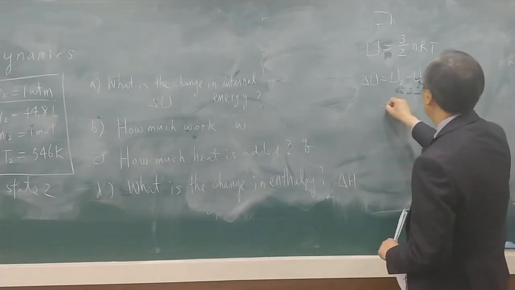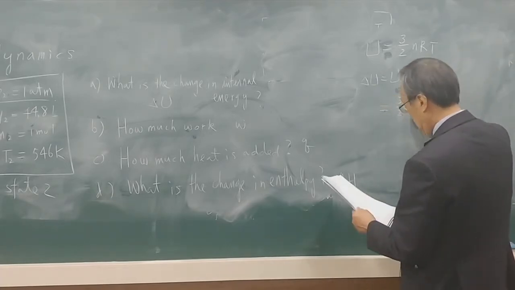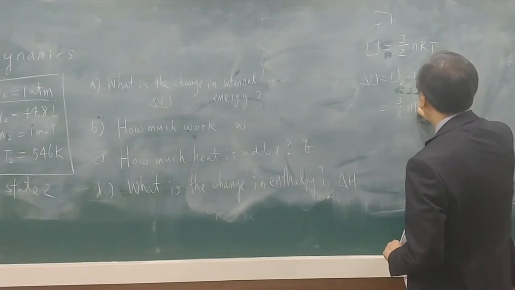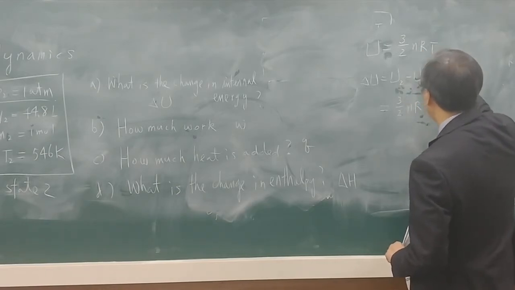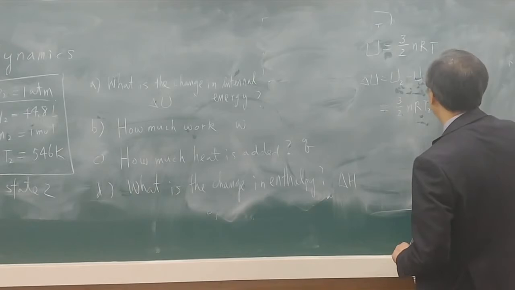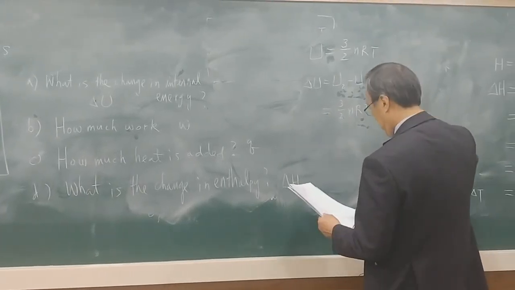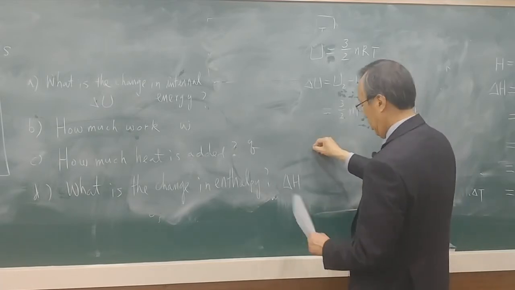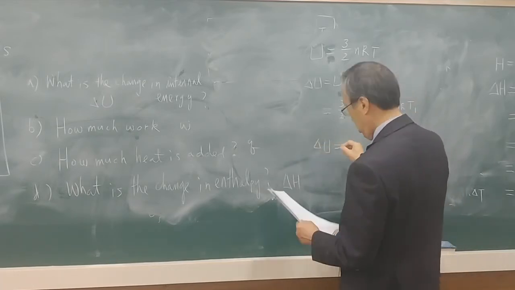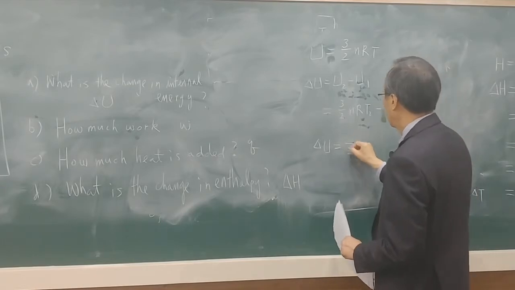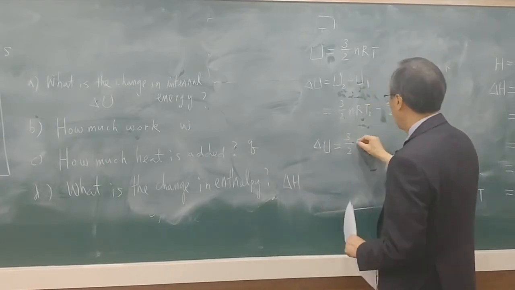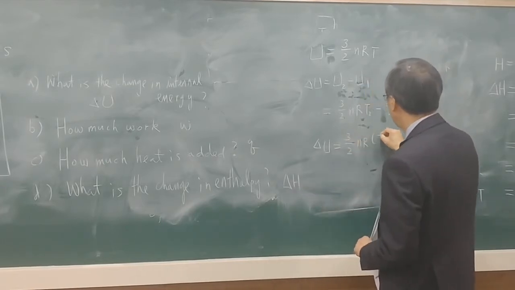So this means U is only dependent on temperature. 3/2 nR T2 minus 3/2 nR T1. Therefore delta U equal 3/2 nR (T2 minus T1).